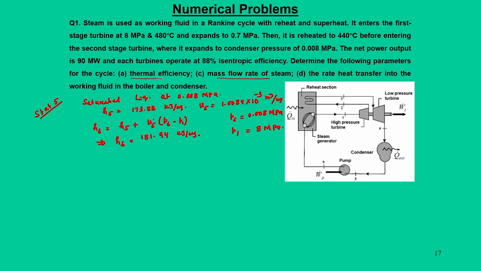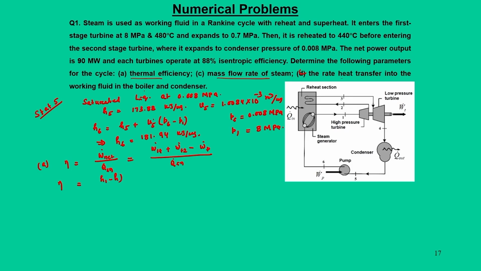First one is thermal efficiency, mass flow rate of steam, and heat transfer into the working fluid in the boiler and condenser. So, let us see the thermal efficiency, and that is nothing but W_net by Q_in, and W_net is W_T1 plus W_T2 minus W_P.